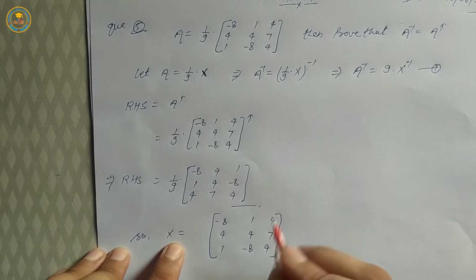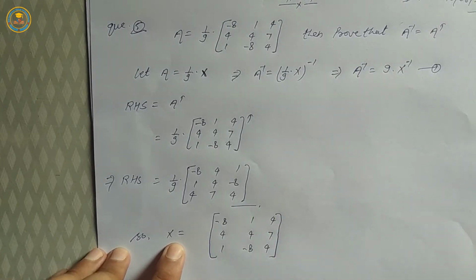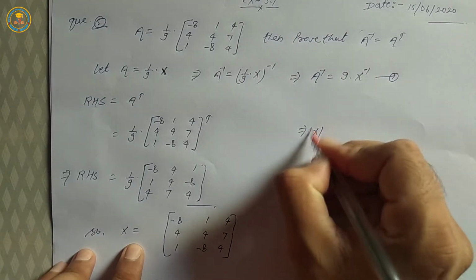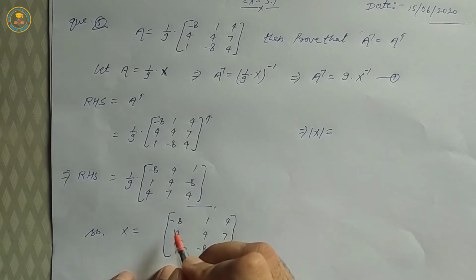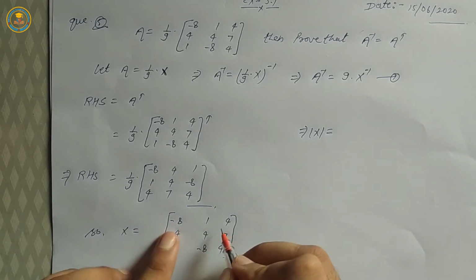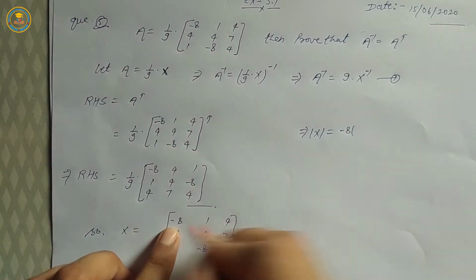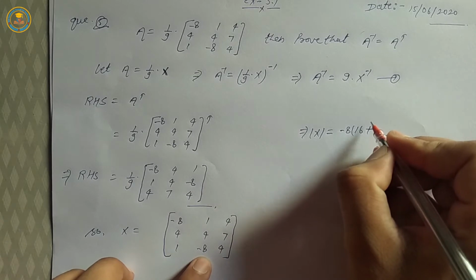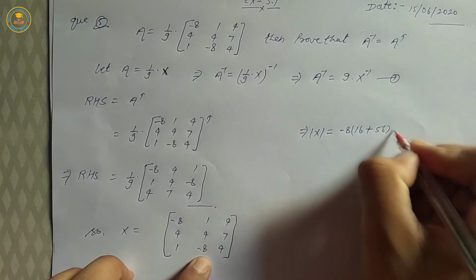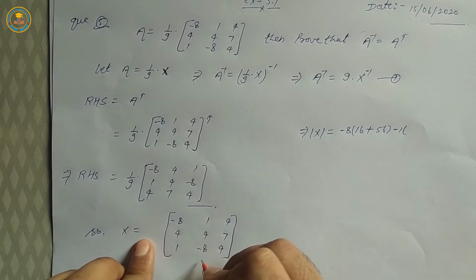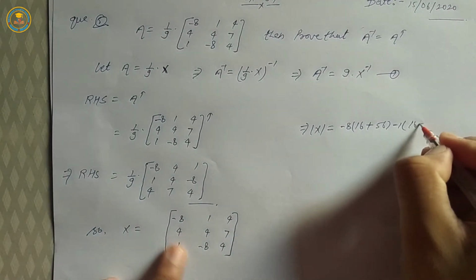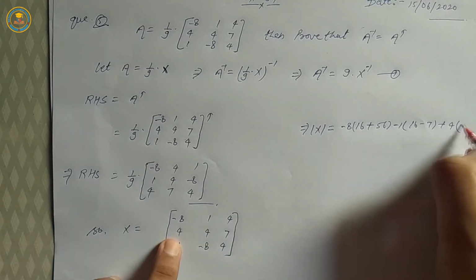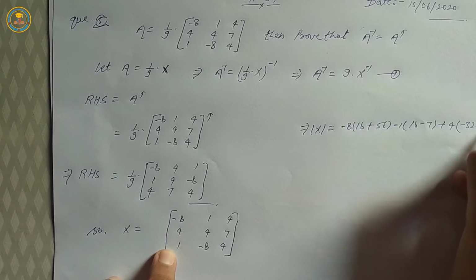Formula of X inverse is equal to adjoint X upon determinant X. Implies determinant X is equal to, on expanding along R1, minus 8 into (4 into 4, 16, minus 7 into minus 8, plus 56), minus 1 into (4 into 4, 16, minus 7), plus 4 into (minus 32 minus 4).